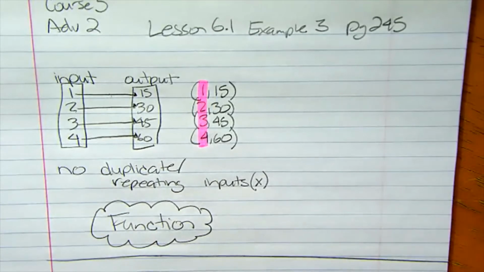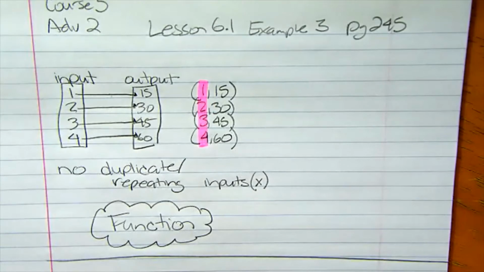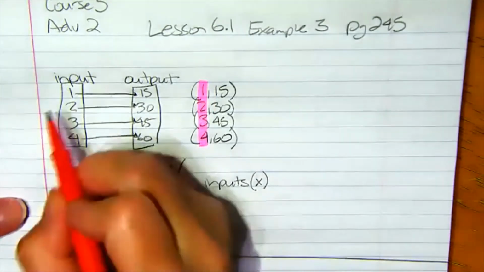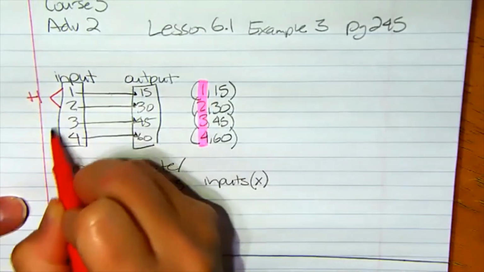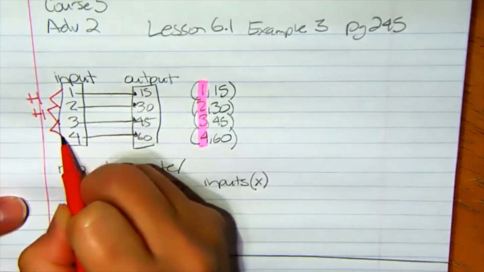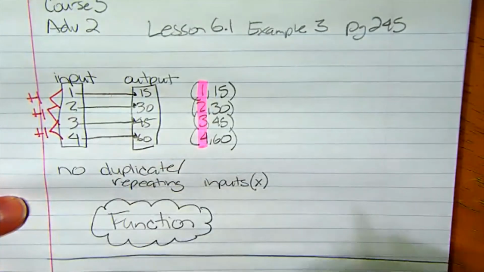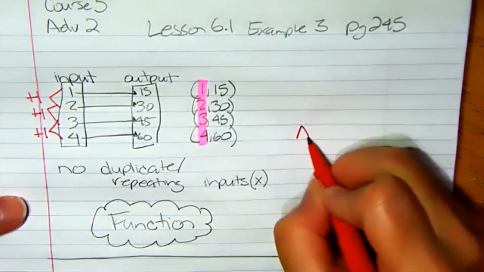Now today, we're going to describe the mapping diagram. So that means we're looking for patterns. So my inputs from 1 to 2, plus 1. 2 to 3, plus 1. 3 to 4, plus 1. So it looks like we have a pattern.